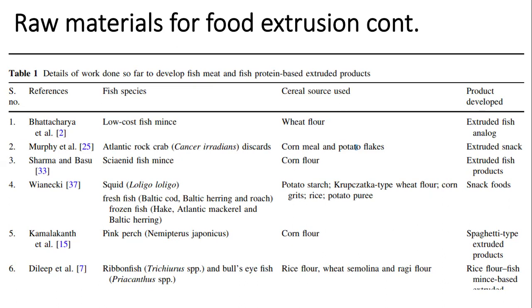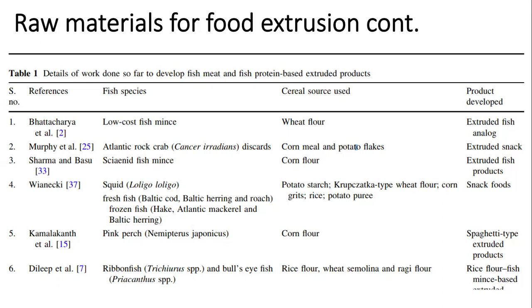There are different types of extruded food products: meat-based products, fish-based products, and how to develop composite flour mixtures, and how to mix different types of raw materials together, right? Here you can see the first example, fish and wheat flour, right? How to develop products from cereals and fish-based raw materials, and the product you can see is extruded fish.